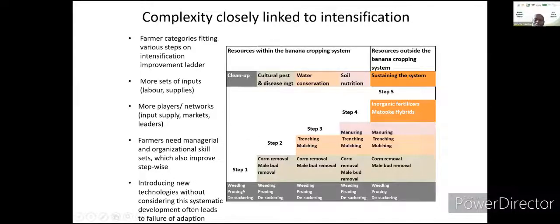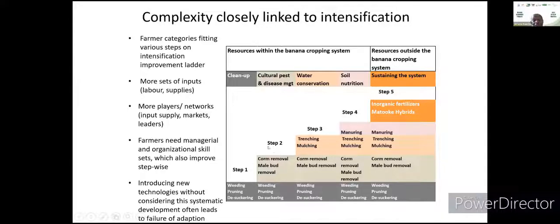We don't normally consider that there are different stages of development at which farmers are operating. If somebody is at stage 1, where weeding, pruning, and de-suckering are a big problem, he has not managed pests and diseases. The farmers operating at this stage are not likely to take up hybrids.